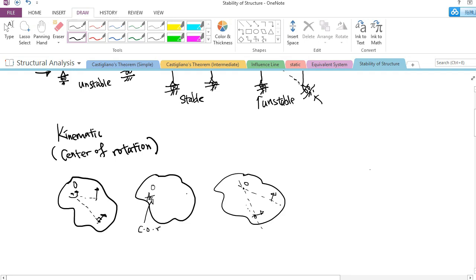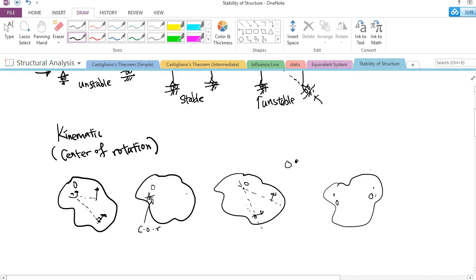Sometimes the center of rotation lies outside the rigid body. For this system, we have two possible centers of rotation, candidates O and O prime.